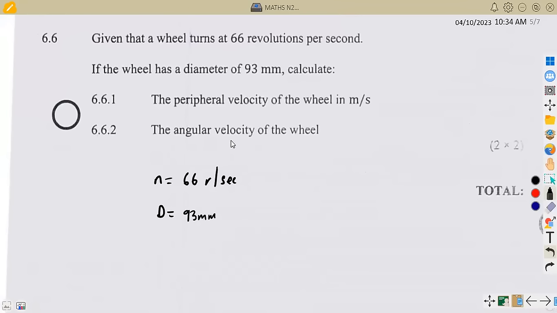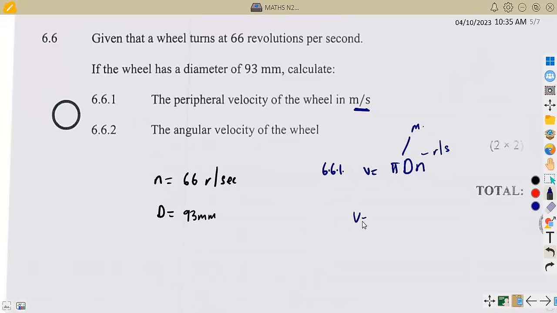On 6.61, we are asked to calculate the peripheral velocity of the wheel in meters per second, which means we are supposed to calculate V. Remember that V is equivalent to pi d n, where n is measured in revs per second, and the diameter is supposed to be in meters.